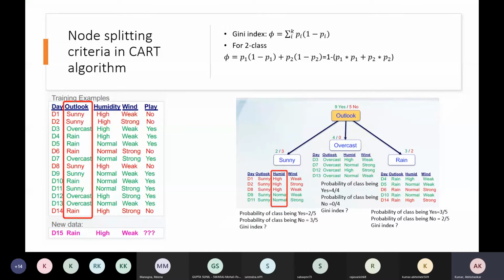So tell me, probability equal to 0, probability equal to 1, or probability equal to 0.5: in which case will it be maximum? Complete misclassification in the case of Gini index, when it is 1.